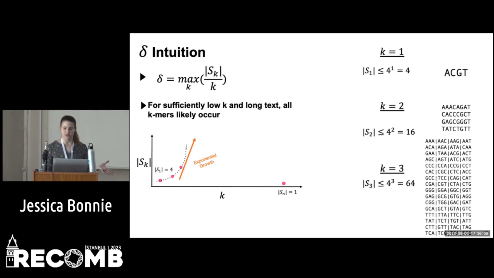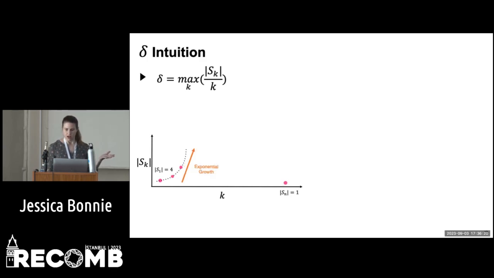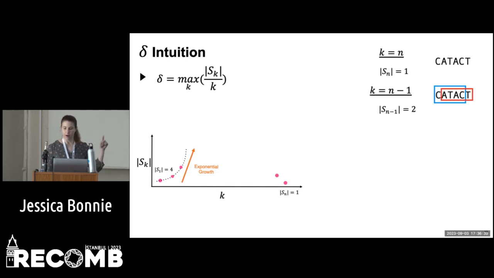So what about the other extreme? As we said before, there can only ever be one k-mer the same length as the sequence, which we're going to call n. In this example, our string is 6 letters long. When k is 6, we see that there's just one k-mer, one 6-mer, just as we would expect. And then working backwards, when k is n-1, in this case 5, we can see that there are only 2 5-mers possible at that length, and I've drawn boxes around them.